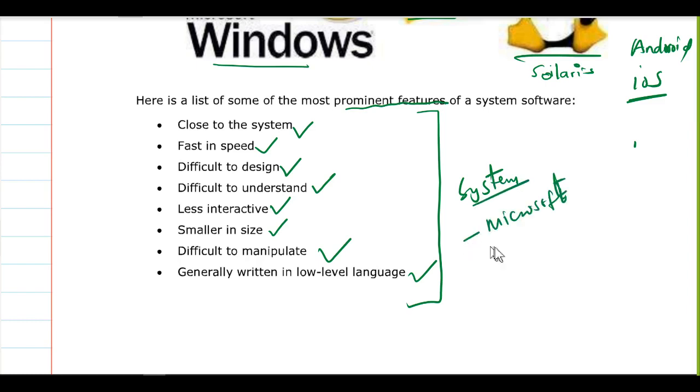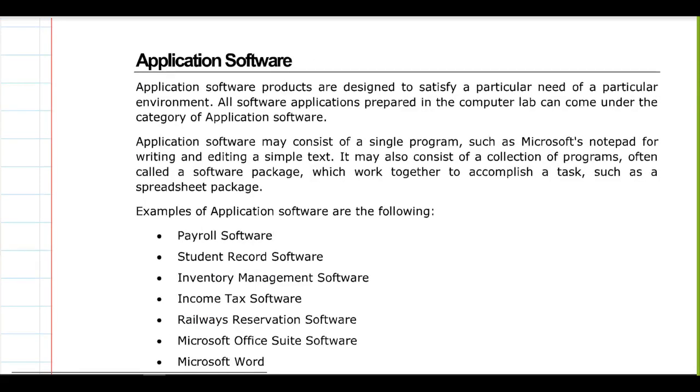Microsoft writes Windows, a huge company. Apple writes Mac OS. Linux has been open software, with contributions from many people, so it cannot be written by one person. So system software is normally very difficult to write, and it allows communication between the hardware and the software.